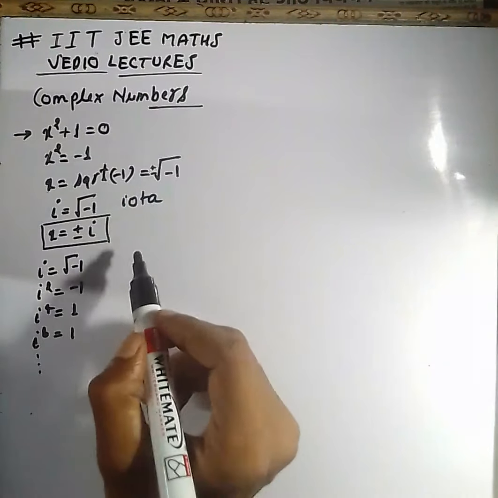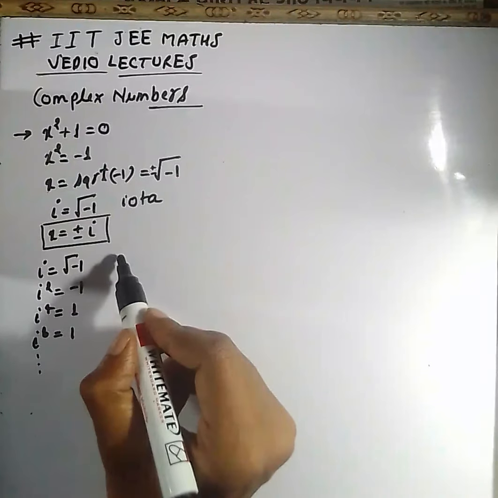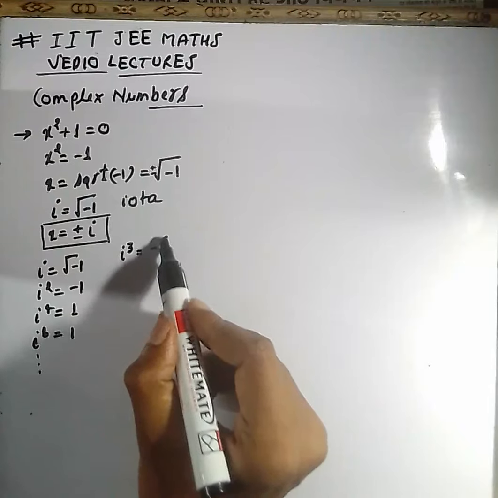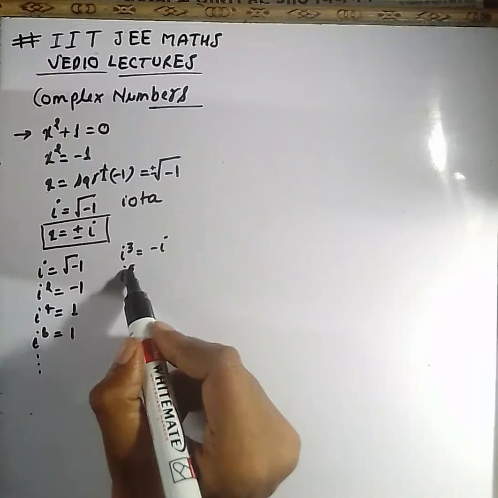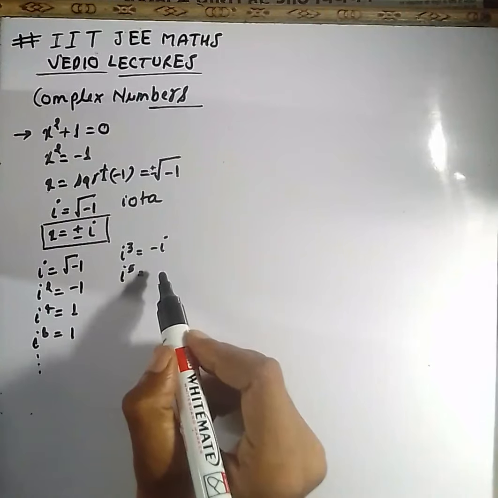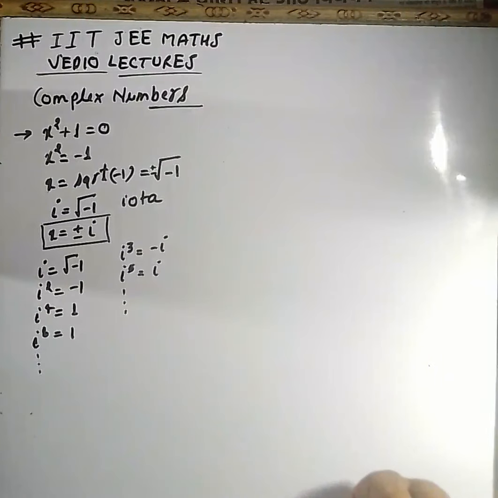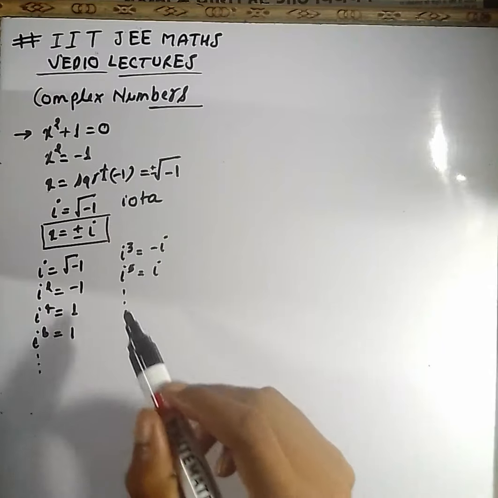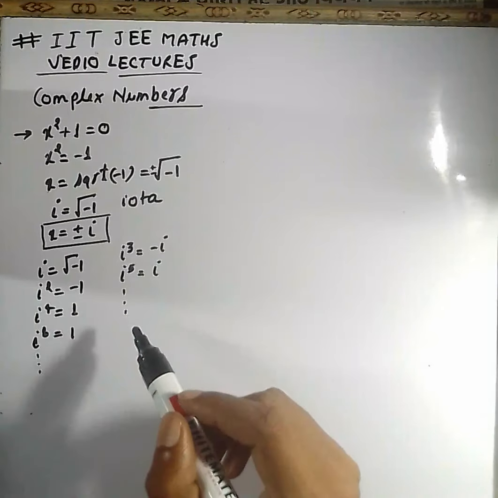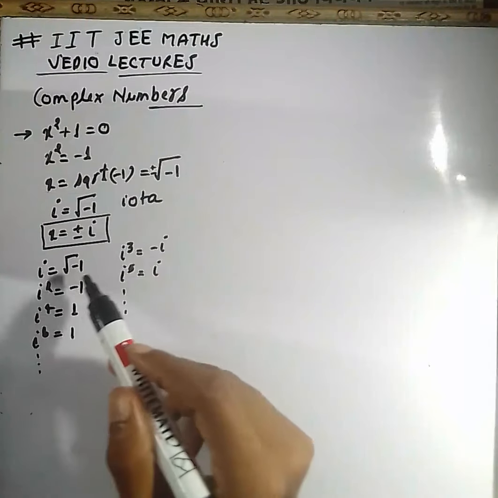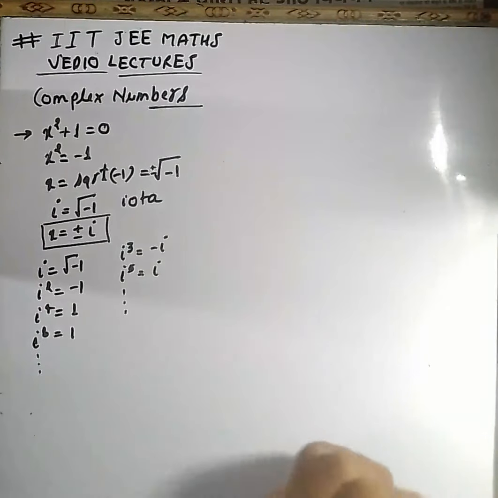And if I write the odd powers of i, then i cube equals to minus i, i to power 5 equals to i, and so on. So this is the basic operation of small i or iota. After that you can find whatever powers of i you want to find.